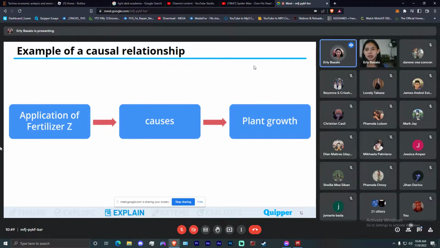Then they will apply it in one kind of plant, tapos ilahang kanang compare ang output sa duha ka fertilizer or duha ka organic fertilizer. So you can have this as your basis and guide to make your diagram. So you interconnect the application of fertilizer Z, its causes to your plant and the growth of your plant.